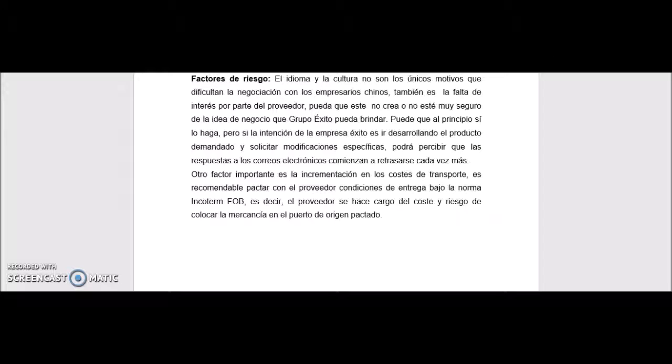That means that the supplier is going to be responsible for the price and the risk of taking the merchandise into the place of origin.